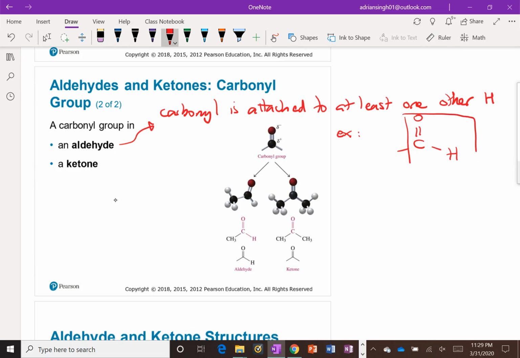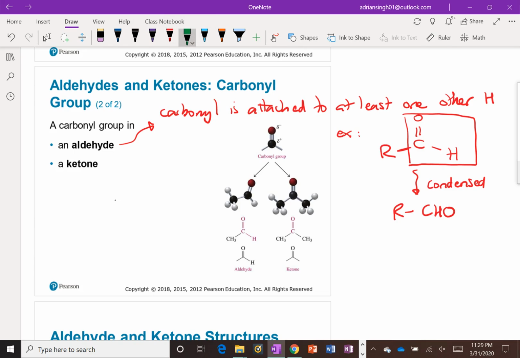That's the functional group for the aldehyde, C double bond OH. That could be something else, which we'll just represent as an R group, making up the fourth bond to the carbon, right? This is sometimes condensed into RCHO, right? That's a quick way to represent the aldehyde functional group.